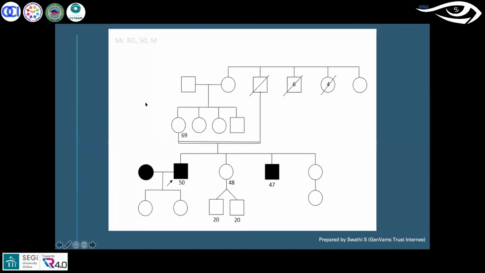So let me describe the family: consanguinity, uncle and niece, the sister's daughter, the niece married the uncle. Very common in this part of the world, and you can see that the first son was affected, two daughters okay, the second son or the third child was affected.